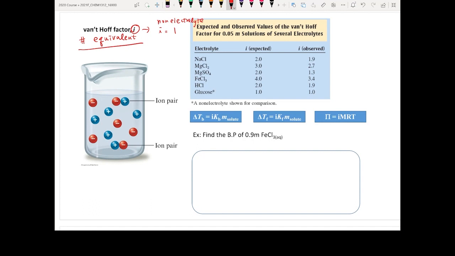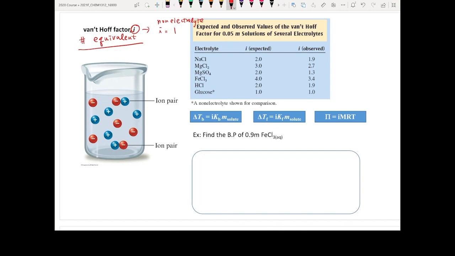Whatever substance can generate ions in your solution when it dissolves is called an electrolyte. If it cannot, then it's a non-electrolyte. The commonly seen electrolytes include three things: salt, acid, base. If it's not a salt, not an acid, not a base, then it's a non-electrolyte.